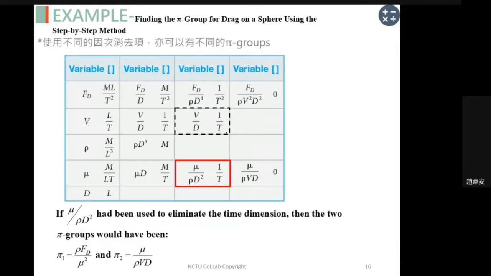But right now, if we use other parameters to cancel out the dimensions, we will have a different pi 1 result. That means if we use different items to cancel out the different dimensions, we will have different results for the pi groups.